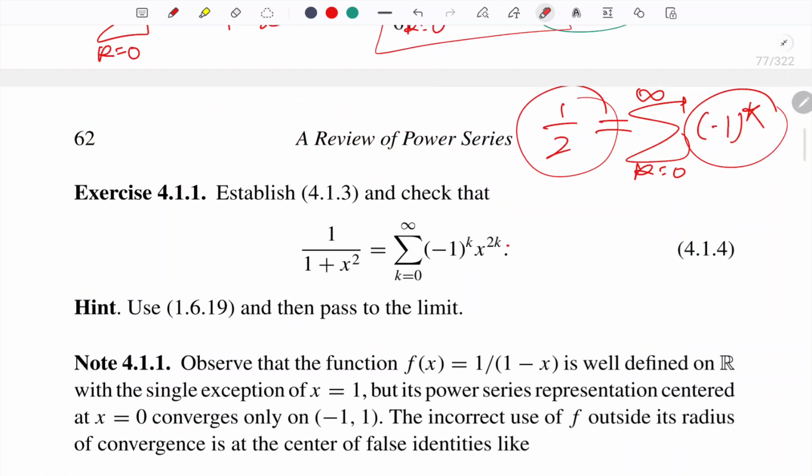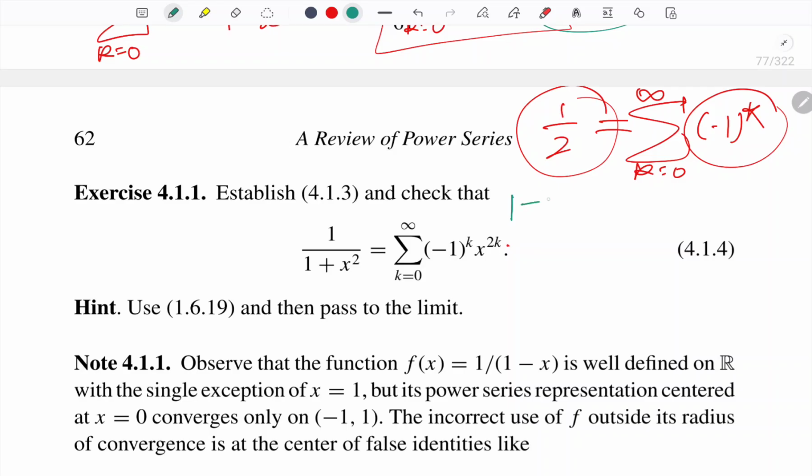Let me explain this. When you expand -1 to the k, -1 to the 0 is just 1.